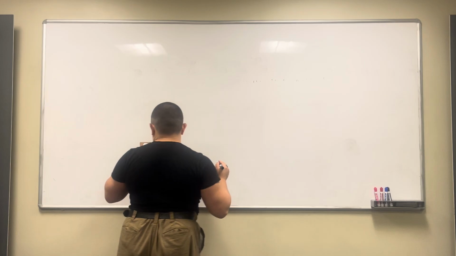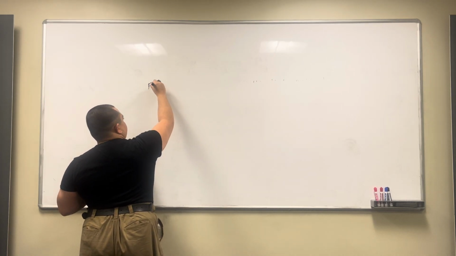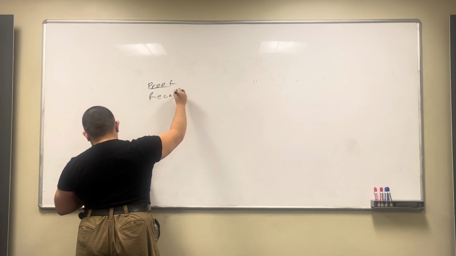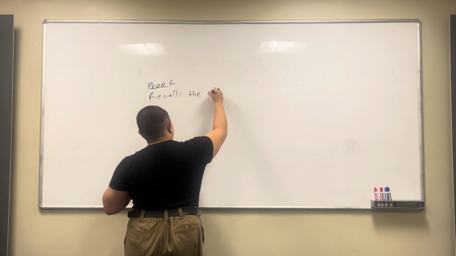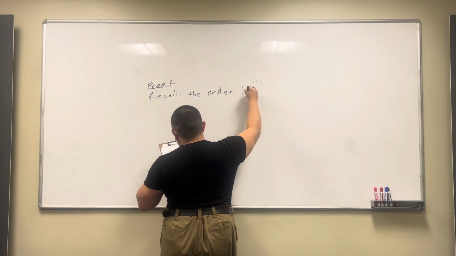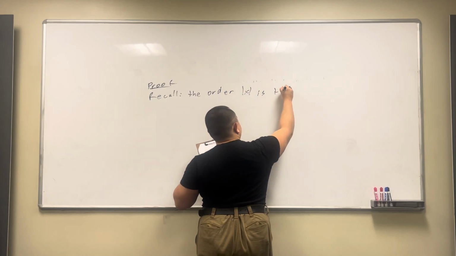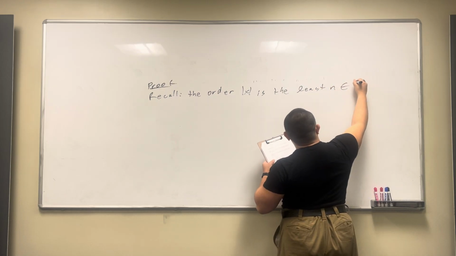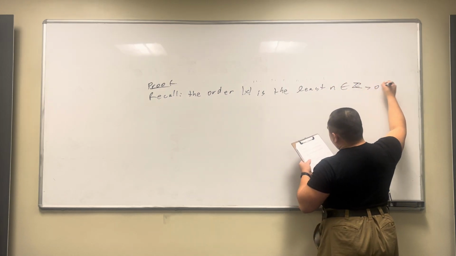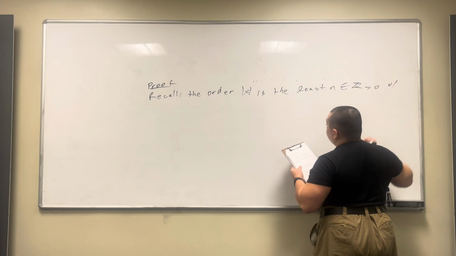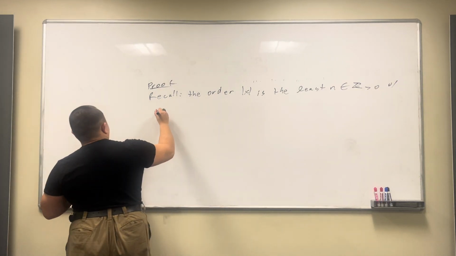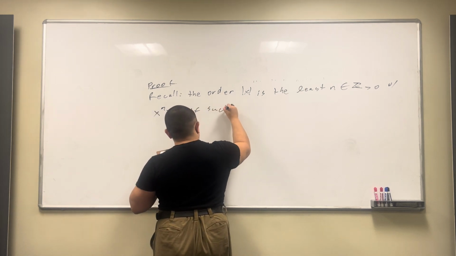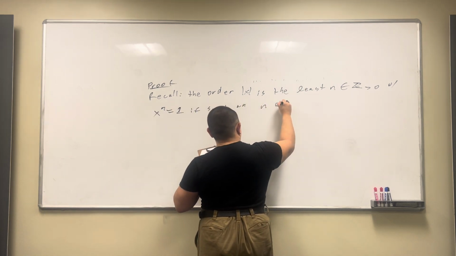So, recall the order of x is the least n within the positive integers with x to the power n equal to 1, if such an n exists.